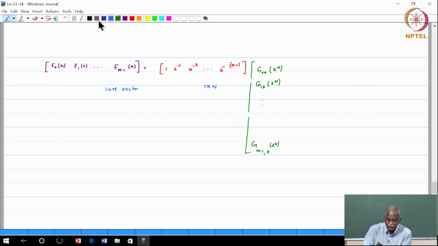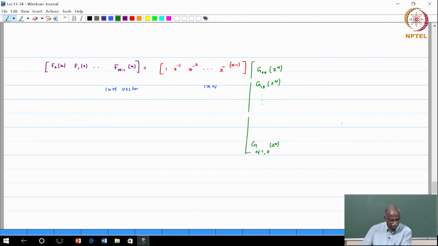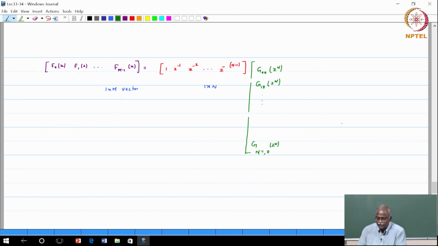Not m minus 1, there are n minus 1 polyphase components. So, it should be n minus 1. Okay. So, these are the polyphase components of F0. If you go back and verify, that is the representation that we have given. Yeah, g k polyphase component is the first one, the filter index is the second one. So, the second index is all 0, that represents F0.